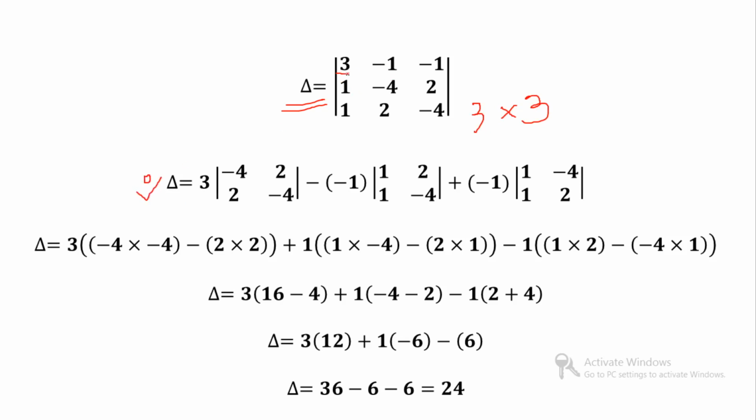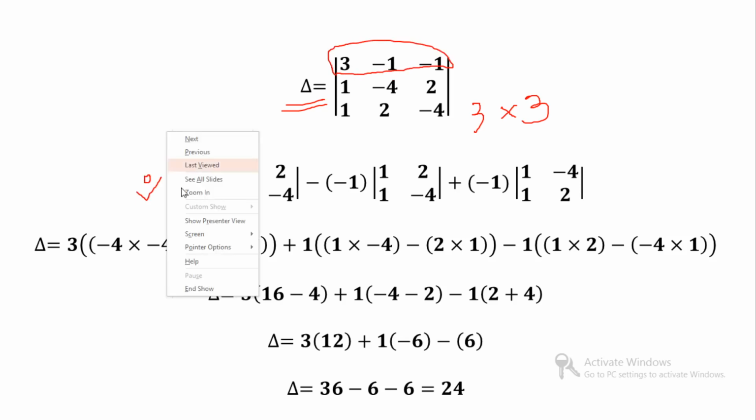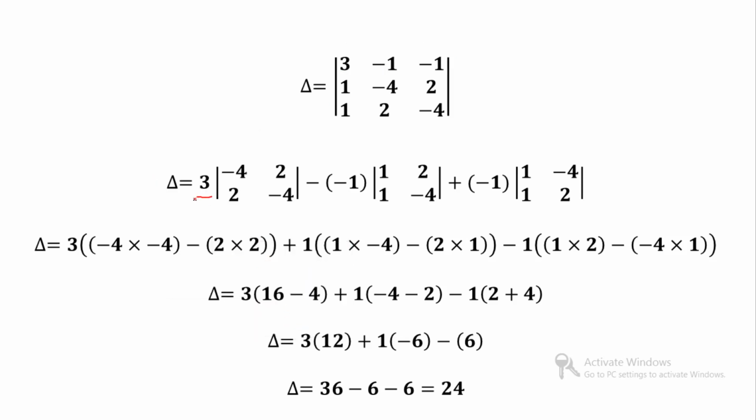We will consider the first row as our reference. Write the first coefficient of the 3 by 3 determinant, and the first row and first column we will cancel out, and the remaining terms we will write as a 2 by 2 determinant. Clear?